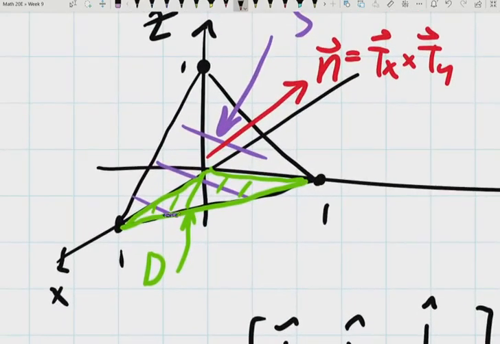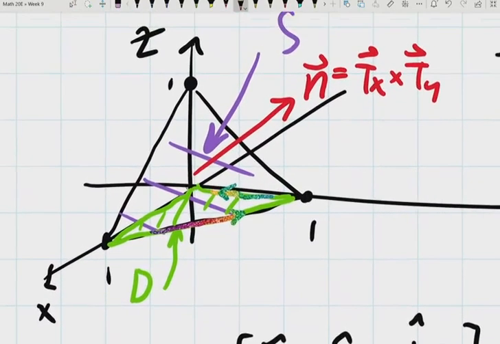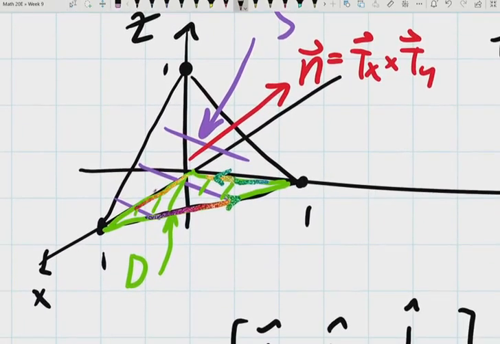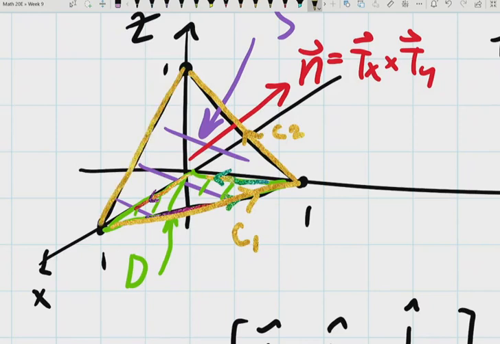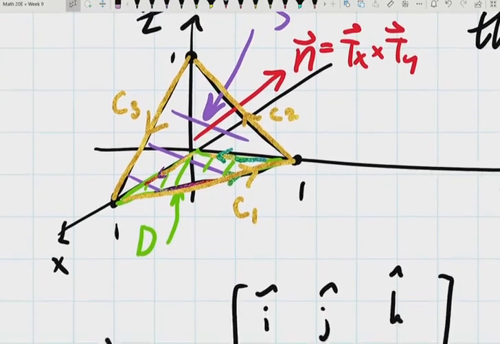The boundary of the underlying domain was these three sides. So they get mapped to, what's another good color? Gold. Okay, so they get mapped to this side, I'll call this C1, this side C2, and this side C3. So that's the boundary of the triangle, C1, C2, and C3.